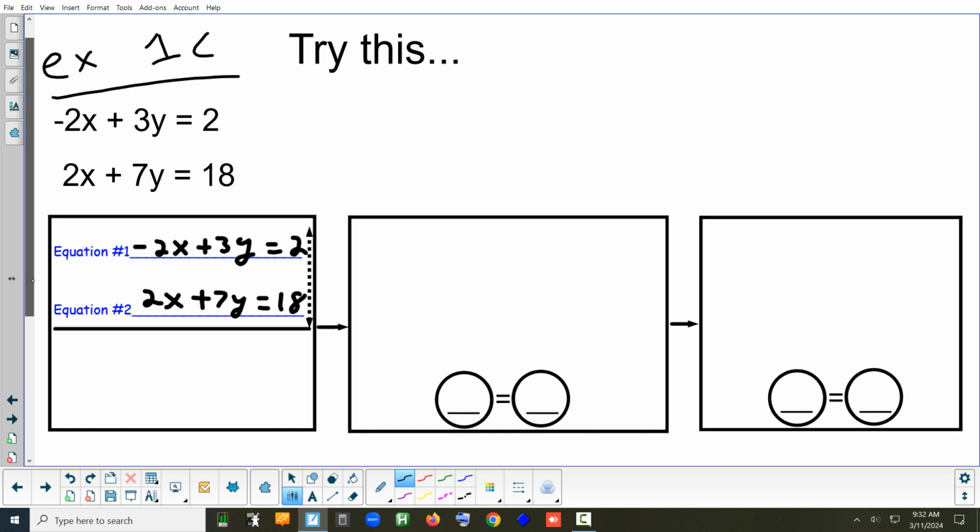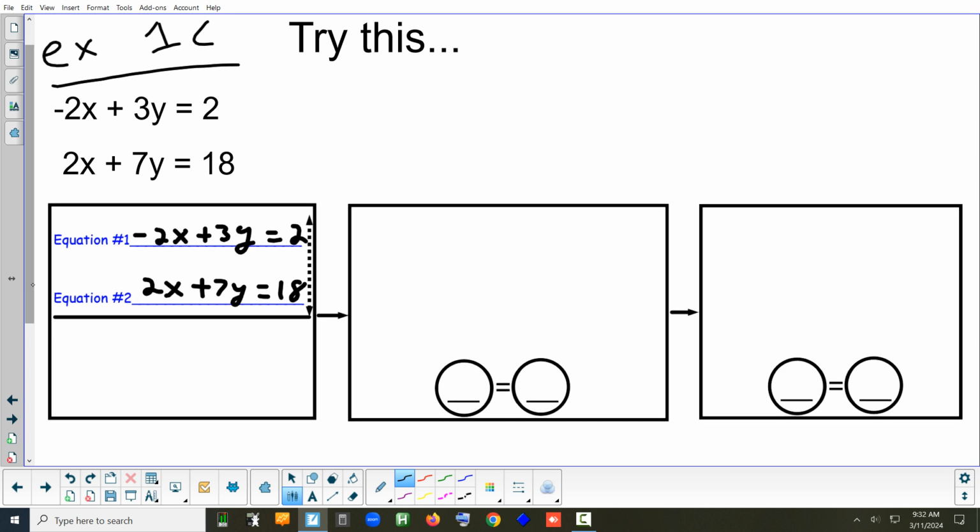Good. Now, this vertical dotted line is there to remind you you're adding them up vertically. So let's add up the first column. What's -2x plus 2x? 0. Yep, so that's going to cancel. How about the next column? 3y plus 7y. 10y.